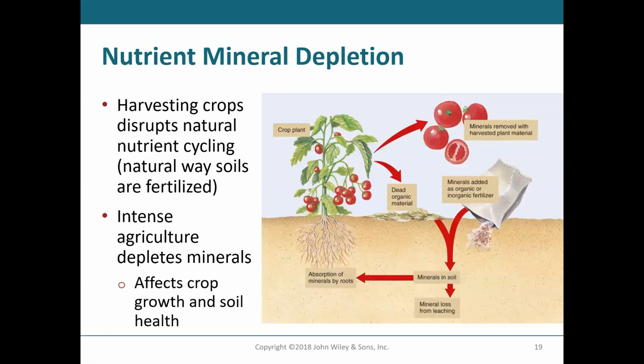Nutrient mineral depletion. Harvesting crops disrupts natural nutrient cycling, of course, because you remove the crop and then it takes some of the nutrients and minerals with it, right? Intense agriculture, exploitative agriculture that does not constantly replenish those minerals can really harm the soil health and even affect crop growth in the long run.